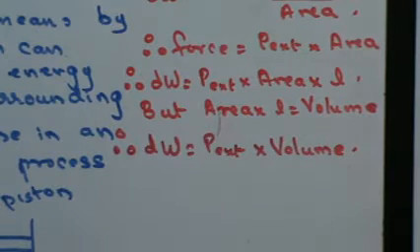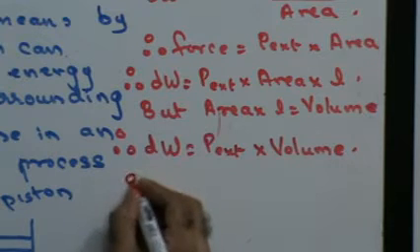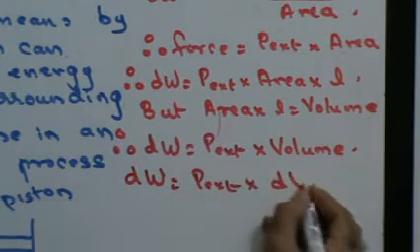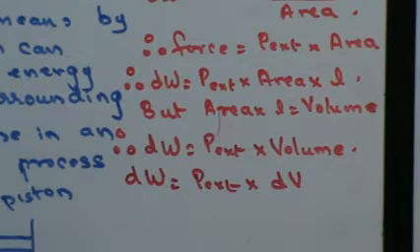right? So that is going to be the work done in an irreversible process. The work done in an irreversible process, dW, is P external into dV, right? So the work done during expansion of a gas is equal to the pressure exerted by the piston into the change in volume, right?